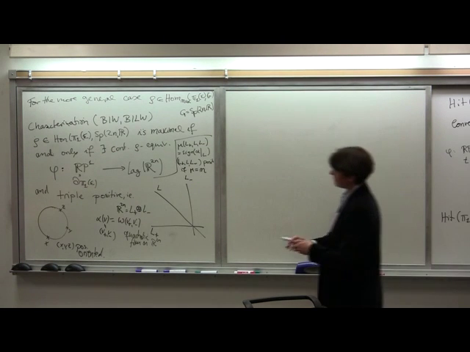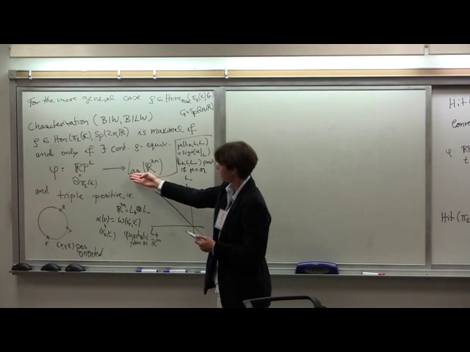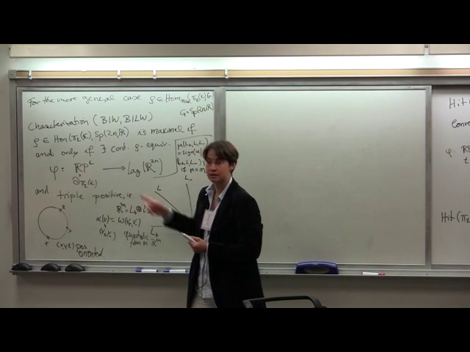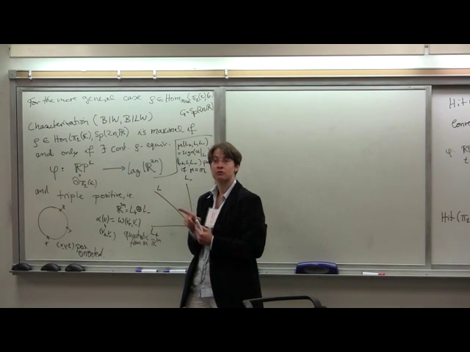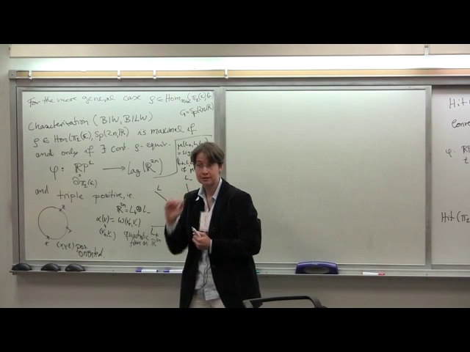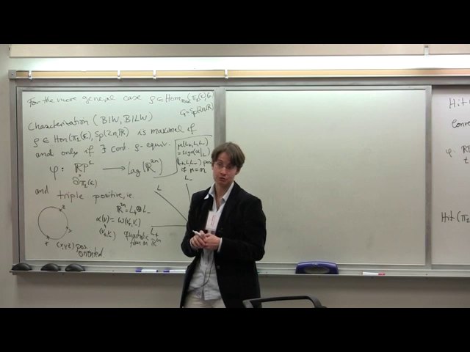So we have this map, and for every point t in RP1, we get a Lagrangian, and the Lagrangian gives us a certain subset of projective space, namely all the lines which lie in this Lagrangian.